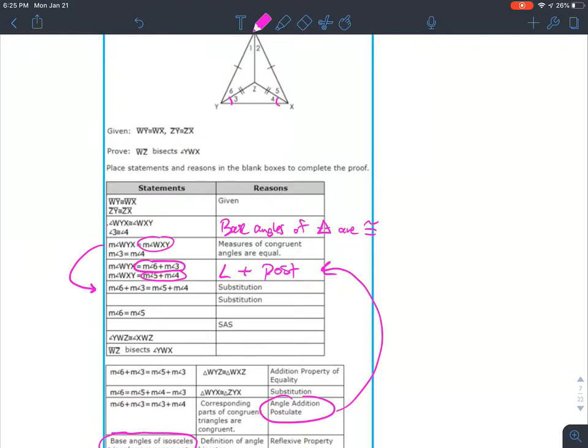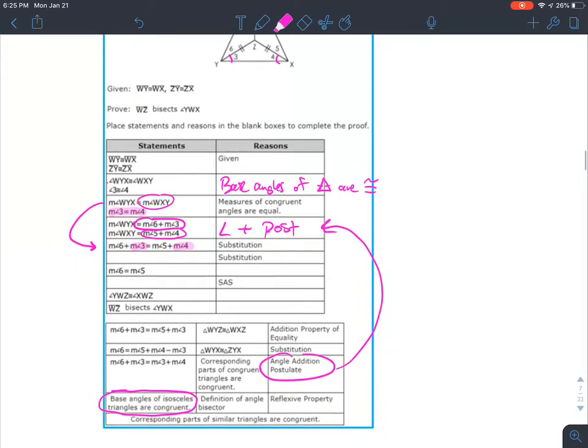This next line we're missing, but we have the reason. It says substitution again. Not sure where they're going with that, but if I look at the next line, we just have 6 and 5 equal to each other. So if I work backwards, that's telling me that 3 and 4 must be equal. And that tells us that right here.